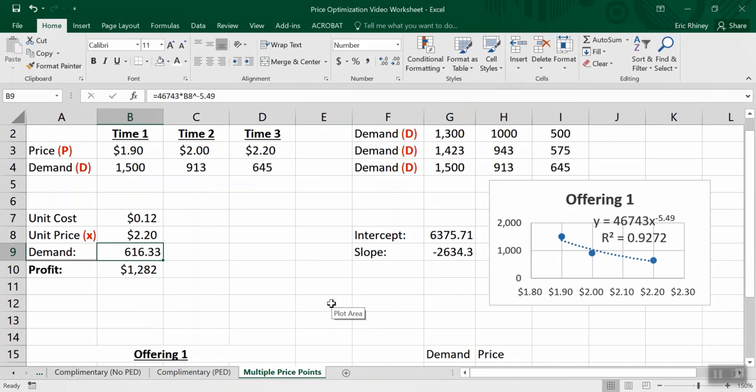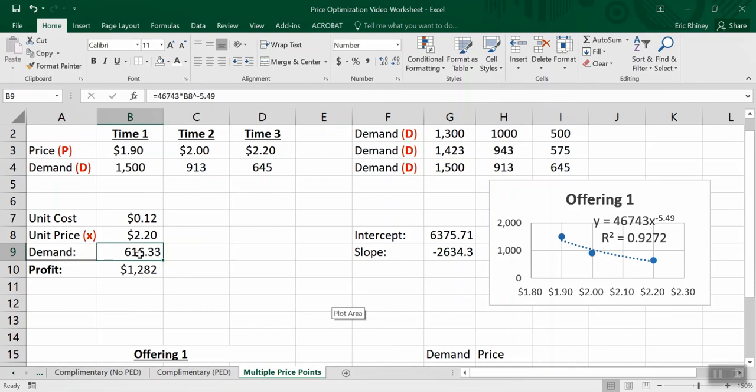So that's the benefit of three price points. You may not always be able to get multiple price points of three or more, and that just takes a lot of effort, and a lot of companies don't have the capability of doing that. But certainly, if you have the data, then this adds more robustness to your ability to do price optimization.